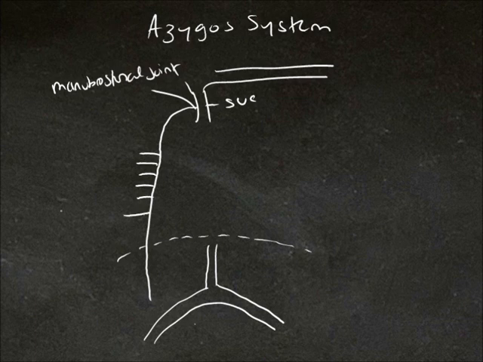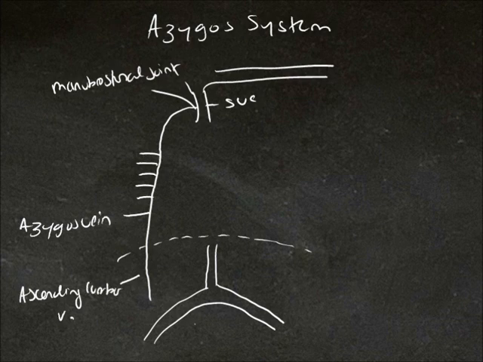So we have the azygos vein up until the diaphragm, and then after this it becomes the ascending lumbar vein. The ascending lumbar vein drains into the common iliac vein.